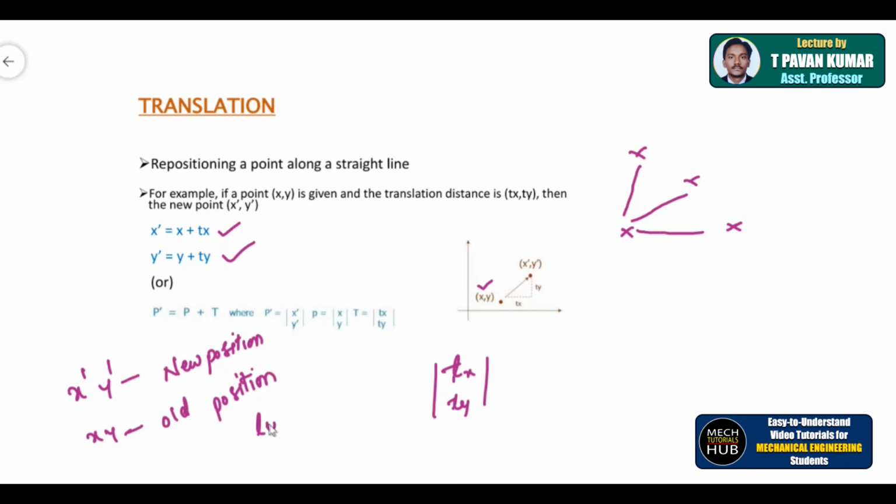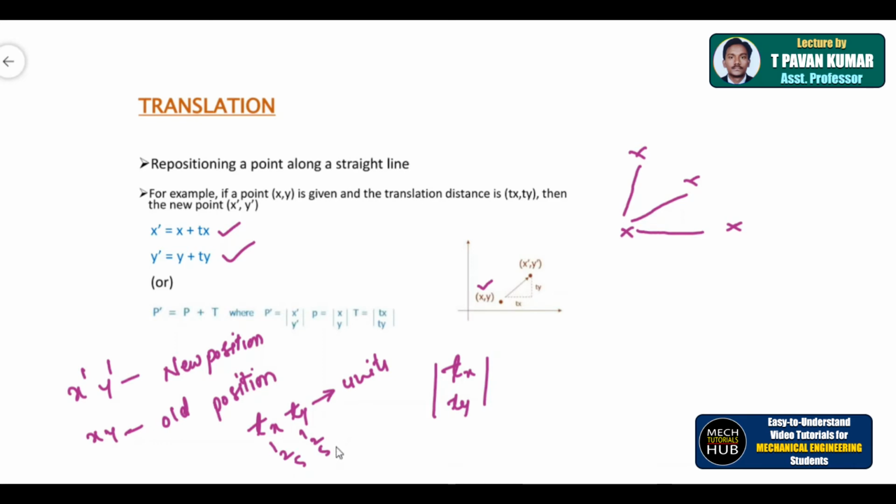And coming to tx and ty, these two are very important, which are the values or units given to you in the question. Okay, maybe tx 2 units, ty 2 units. So it needs to travel, it needs to reposition. Maybe this is 5 units, this is also 5 units, this is 2 units, that is 5 units.